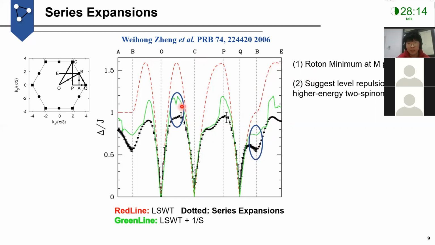Based on this method, the second branch of the magnon, shown in these blue circles, has a more analytic behavior, but it also does not show a second roton minimum. The authors of this article suggest that the roton minimum may come from a repulsion effect from the high energy two-spinon continuum.